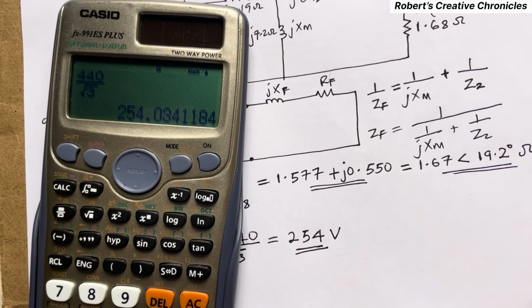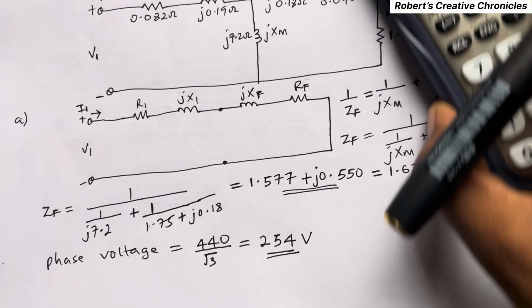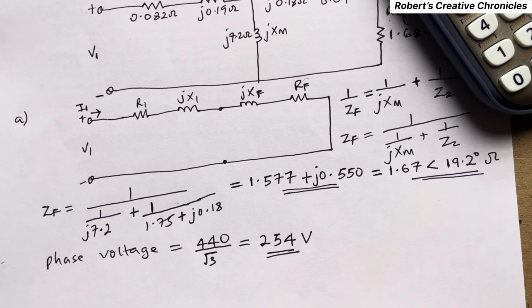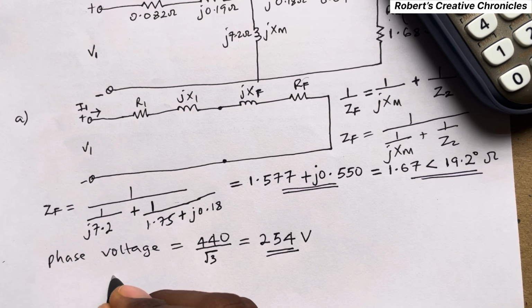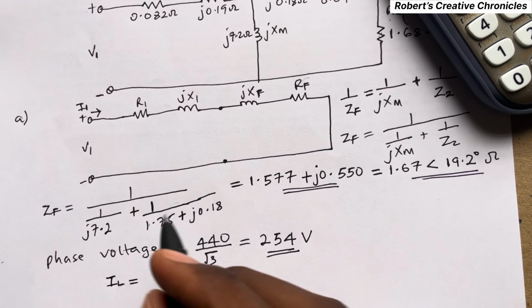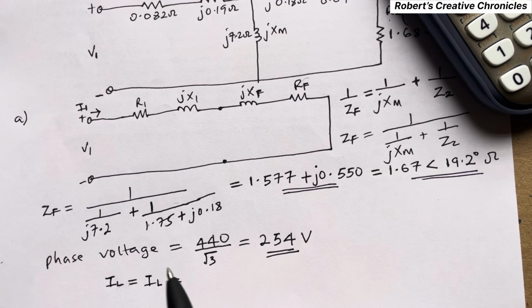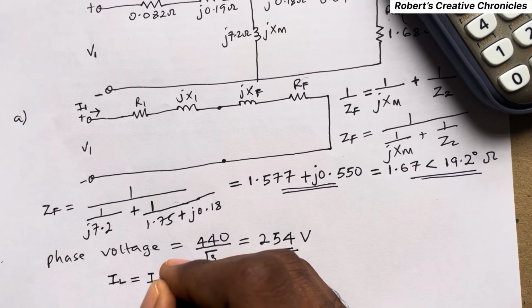Now we can find the line current, which is equal to I1.